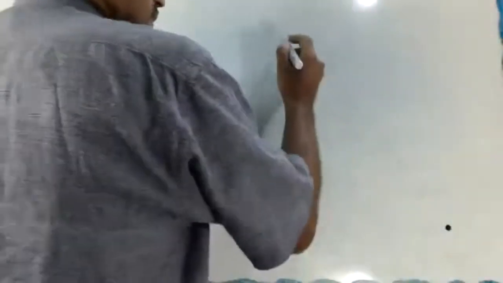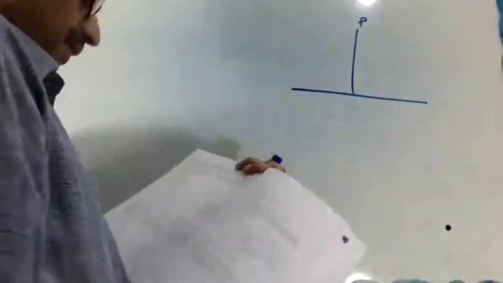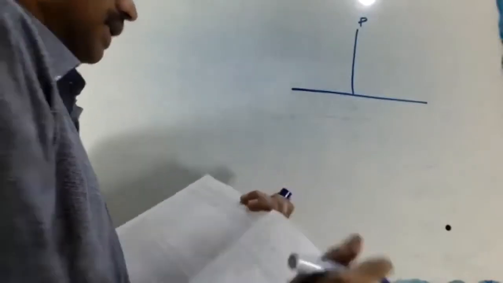Now, look at here. Don't write, I'll give the note also. First of all, this is the ground. Originally, the flight position is at P. The angle of elevation of a jet plane from a point A on the ground is 60 degrees.